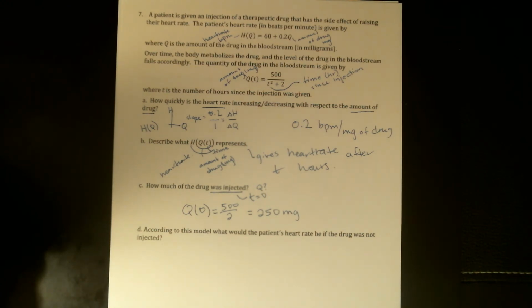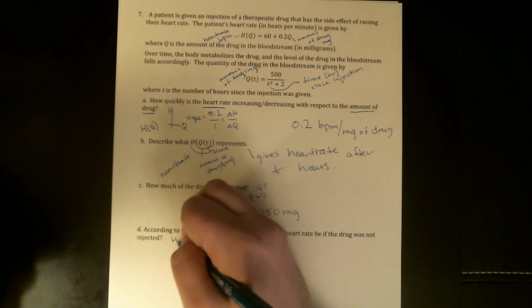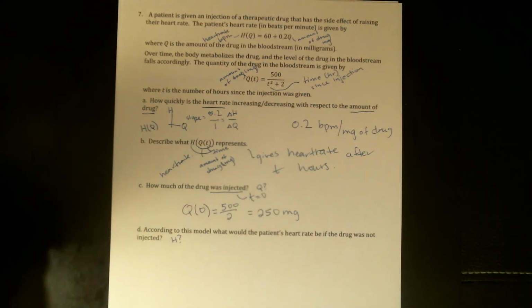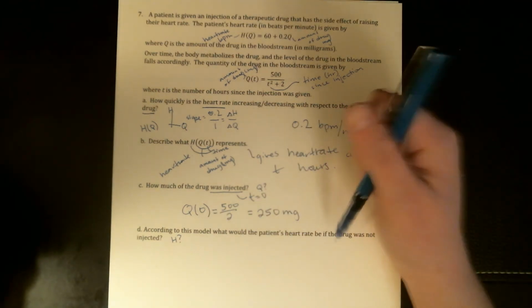Part D, according to this model, what would the patient's heart rate be if the drug was not injected? Okay, so this is a question about H, which makes me think that I at least need to be using H of Q, and then it's a matter of deciding if I need to use H of Q of T or just H of Q. We want to know their heart rate if the drug was not injected.